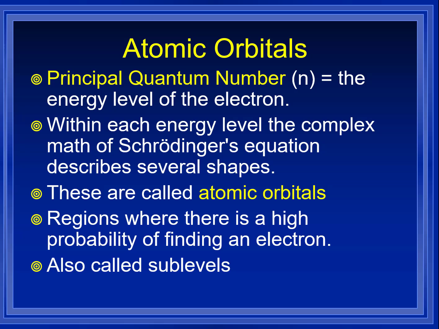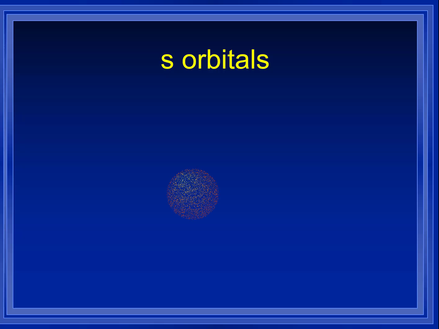That's energy levels. What's the breakdown below energy level? Sublevel. Okay, the orbitals are given letter designations. The first type of orbital that comes out of Schrodinger's equation is called an s orbital.